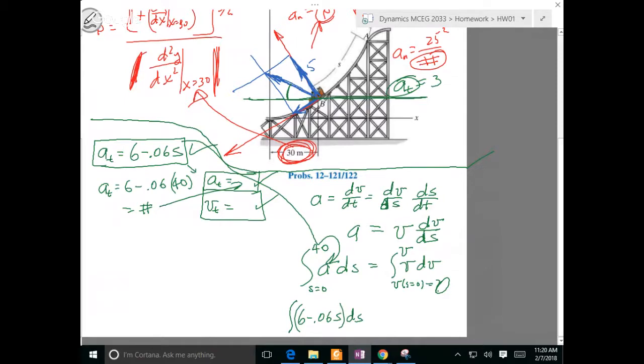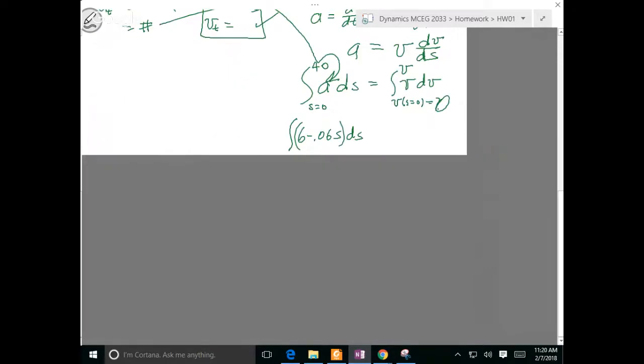I'm running out of space here, but I think I could fit it the rest of the way. And that's going to be just v squared over 2 evaluated at v and v naught, which was 0. And that gets you the rest of the way. So you just perform that integration and you'll get the velocity as a function.